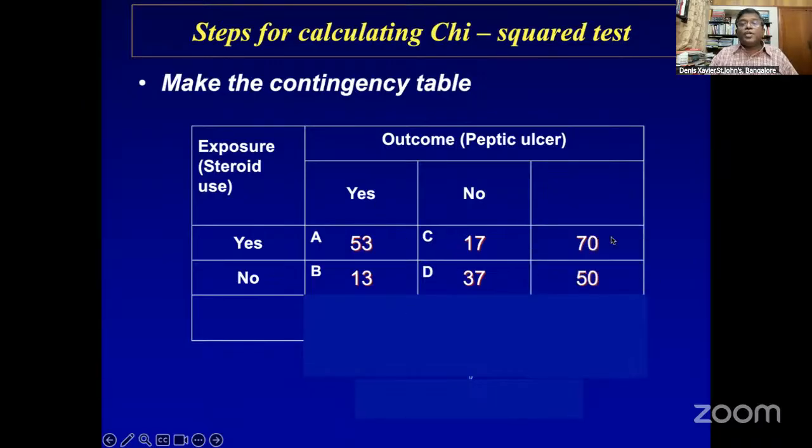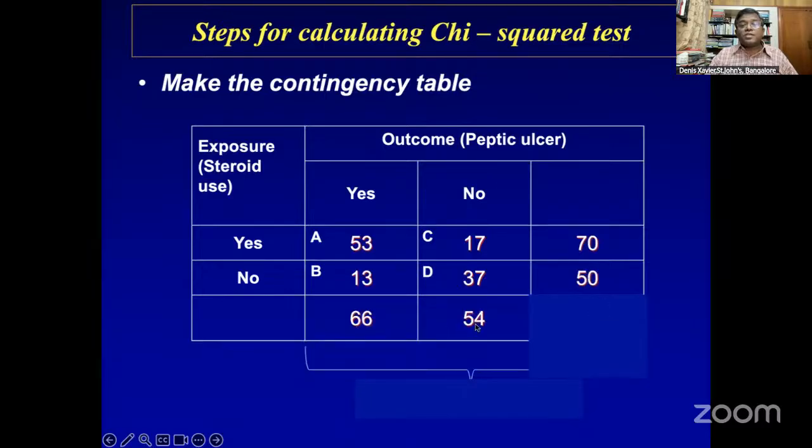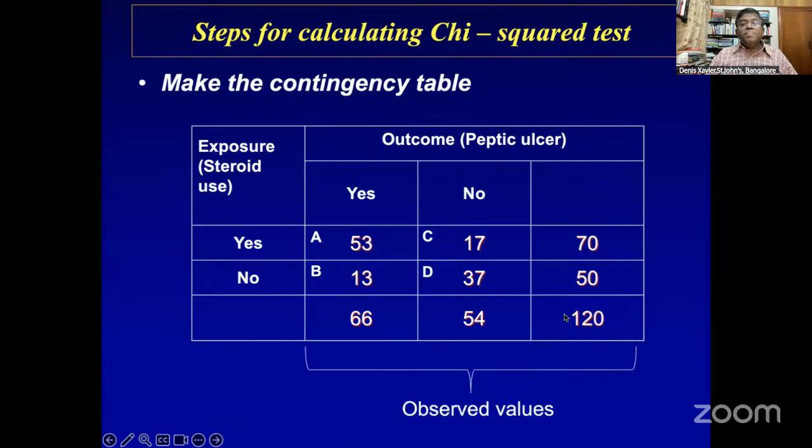So we total this up: 70 plus 50, 120. And this way, 66 plus 54, also 120. So these are the observed values, the values that we are seeing.